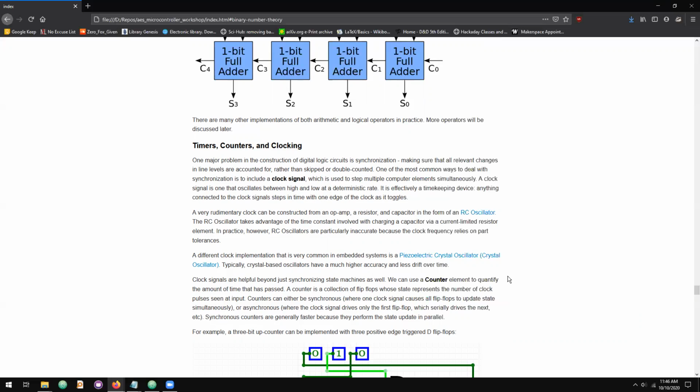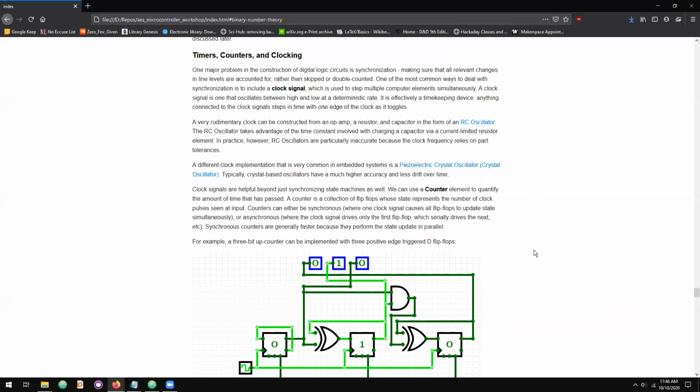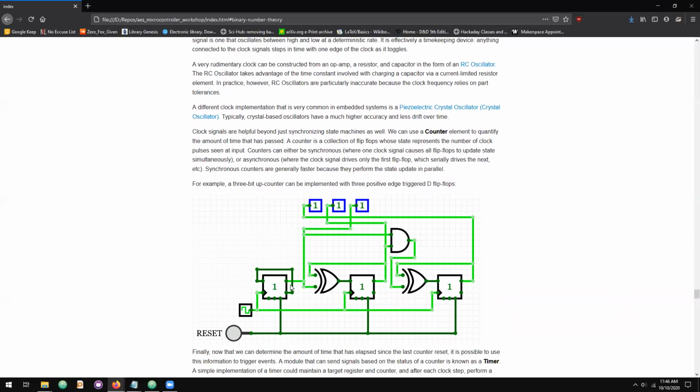So we can use a clock signal to drive something known as a counter. A counter is really just a hardware register that contains some value, and that value increments whenever our input signal toggles. This isn't immediately clear, but these are D flip-flops. And then we have an AND gate and an XOR.